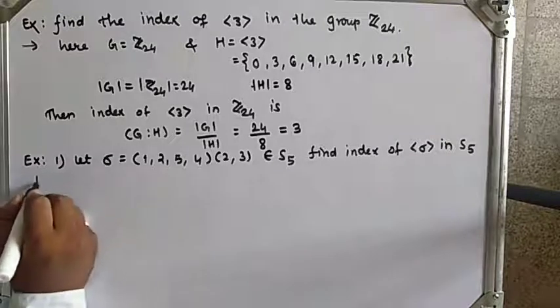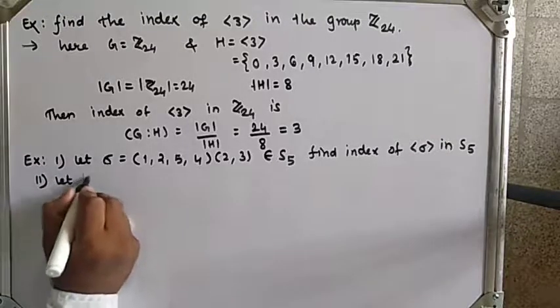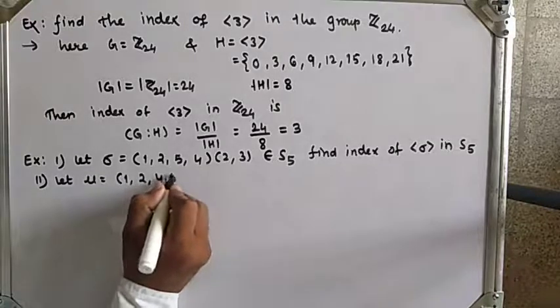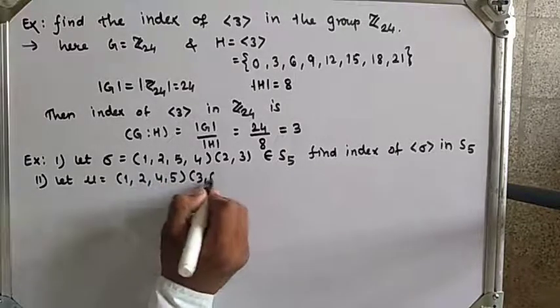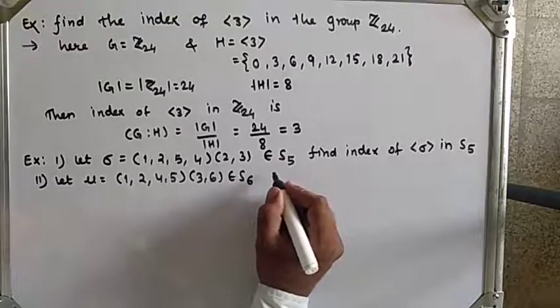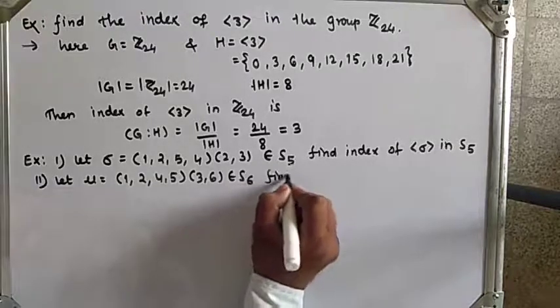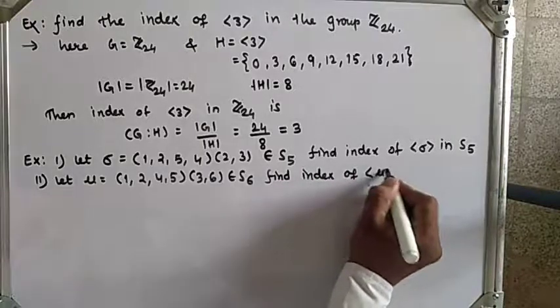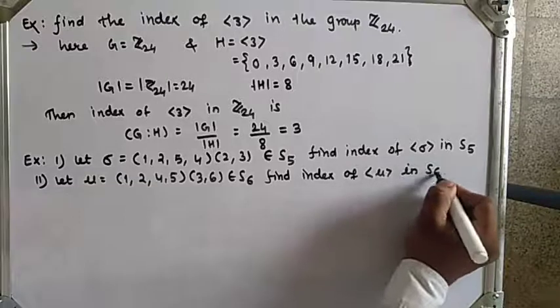And second, let mu be equal to (1 2 4 5)(3 6), which belongs to S6. Find the index of mu in S6.